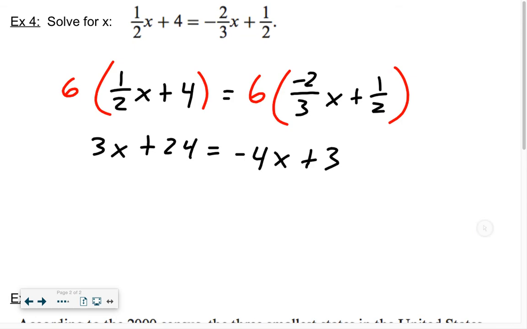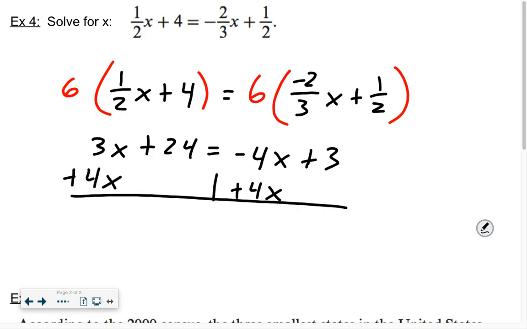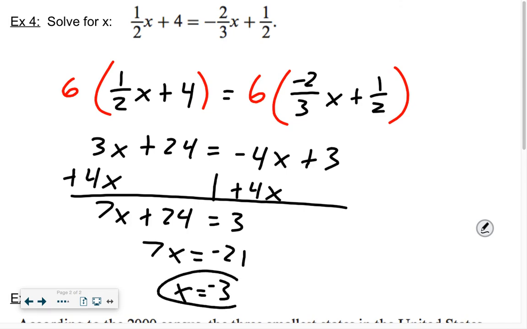But notice after that step, now we're looking at an equation that is much, much more friendly to us. X is equal to negative 3.